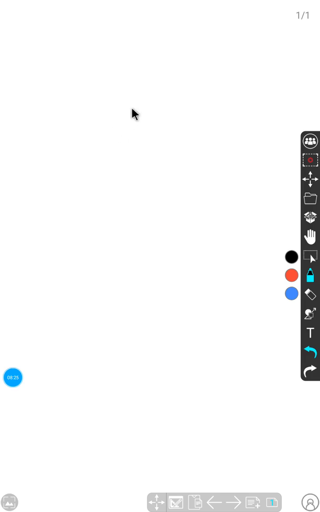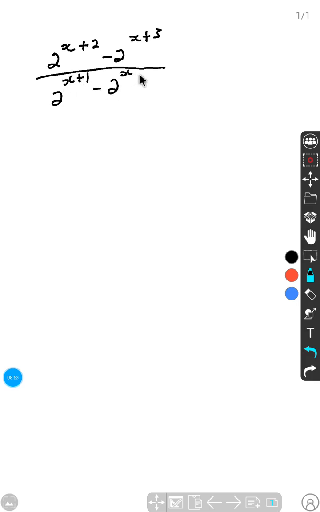Okay, on this question we have 2 to the power x plus 2 minus 2 to the power x plus 3, all over 2 to the power x plus 1 minus 2 to the power x.